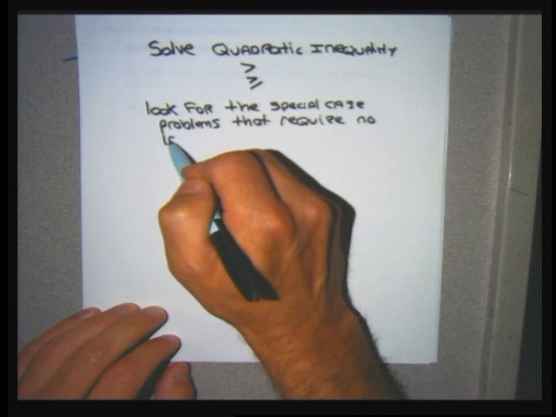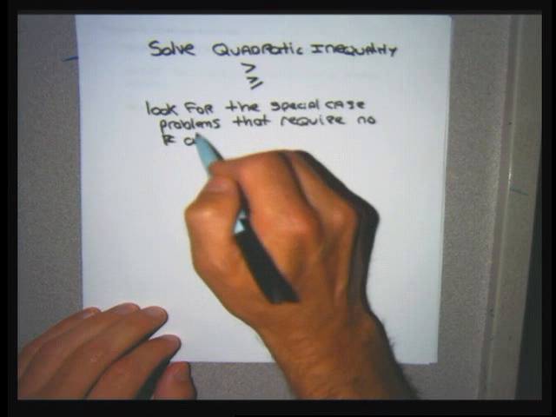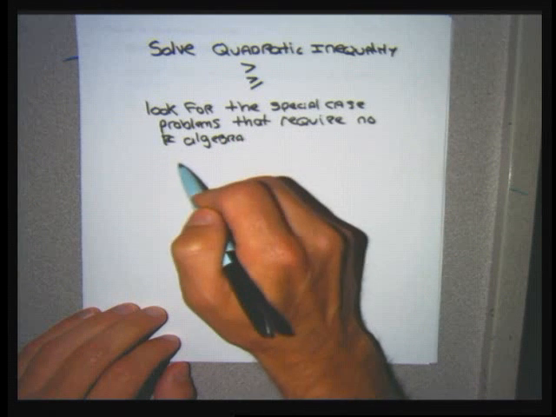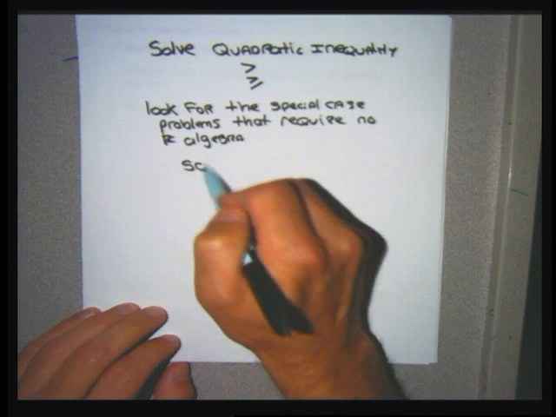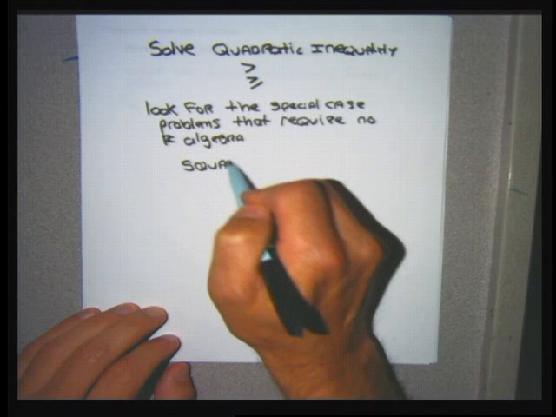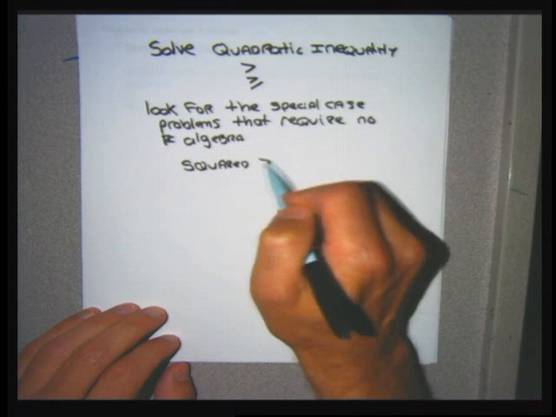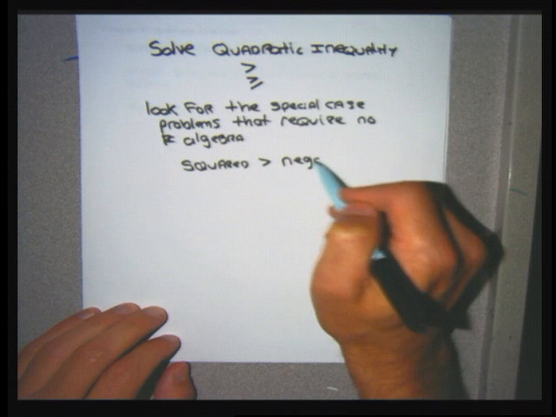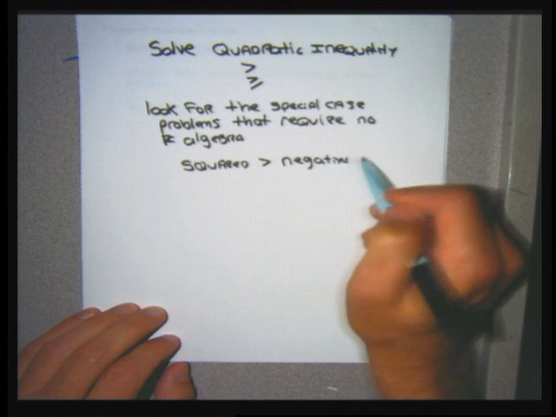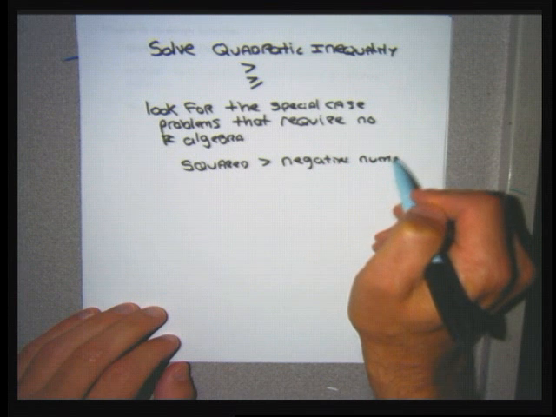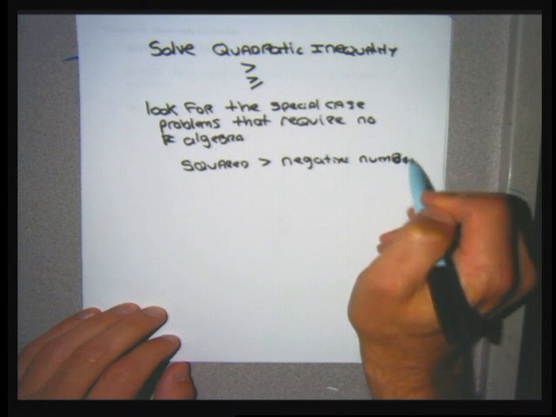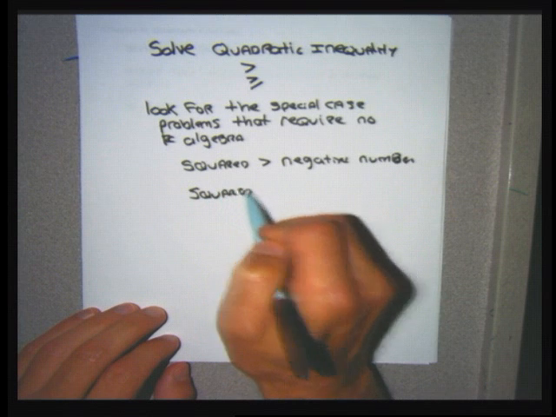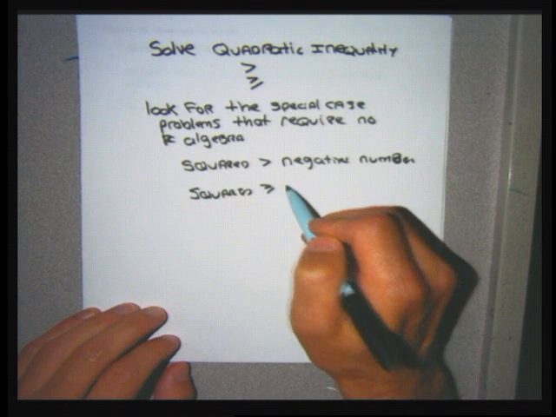And for greater than or equal to problems, the special case is you have something squared on the left side, and then either greater than some negative number, or something squared on the left side greater than or equal to some negative number.